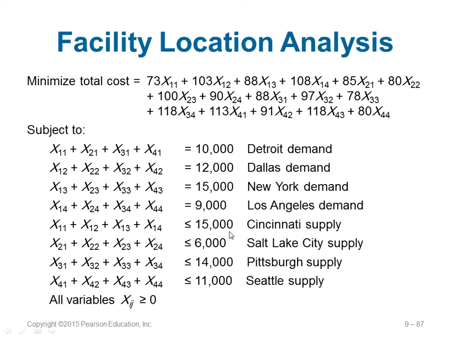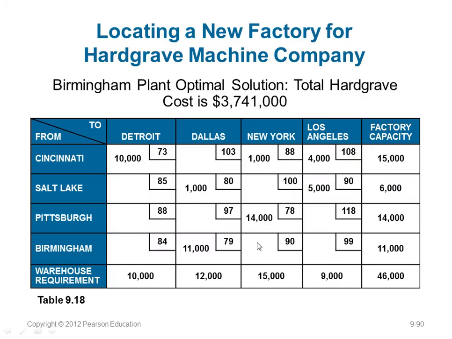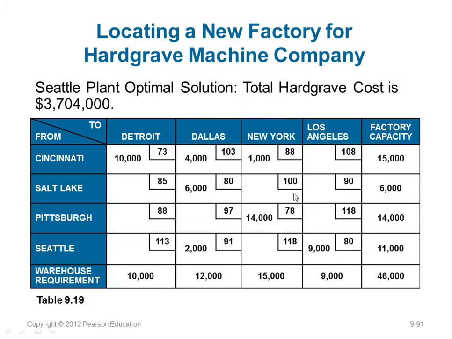Cincinnati can supply 15K, so you write X11, 1, 2, 3, 4: from 1 to 1, 1 to 2, 1 to 3, 1 to 4. Here the source is Cincinnati and the destination is Detroit. This constraint is less than or equal because it is the supply. Xij is greater than or equal to 0 for non-negativity. You can solve them and get an answer, which is represented here. Most of the time you solve this using software or tools.